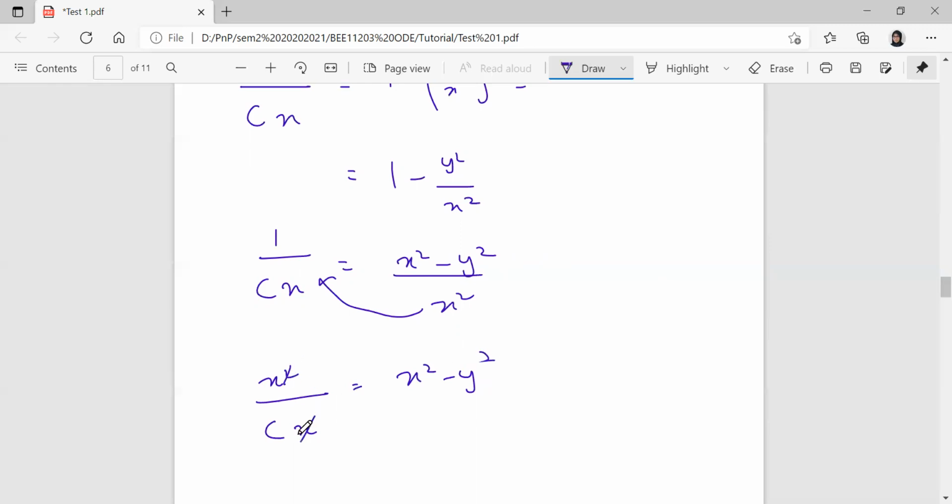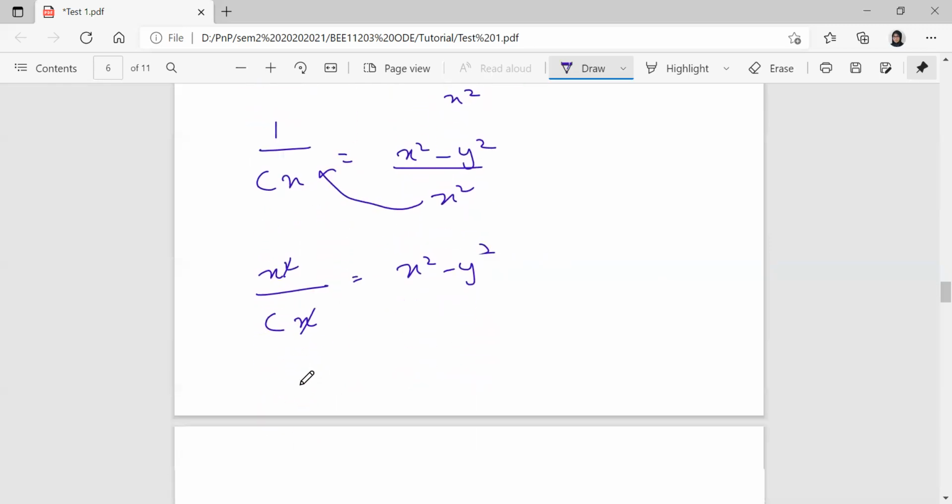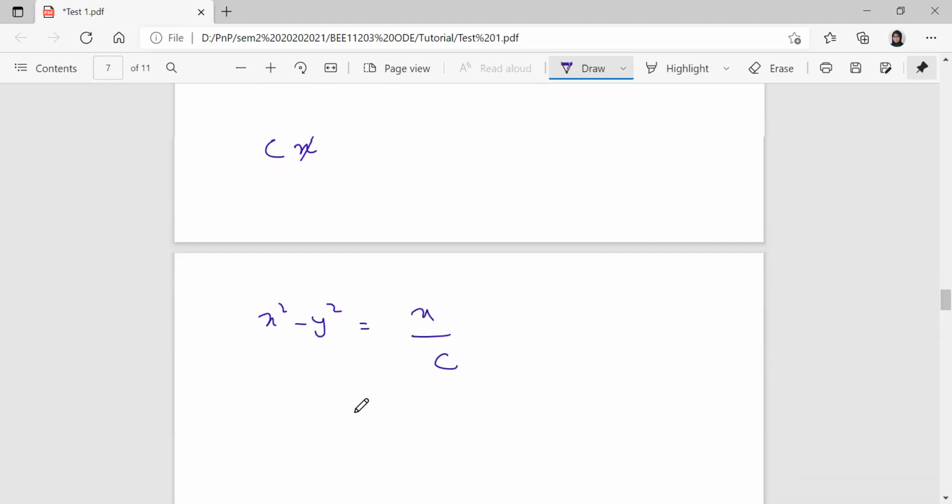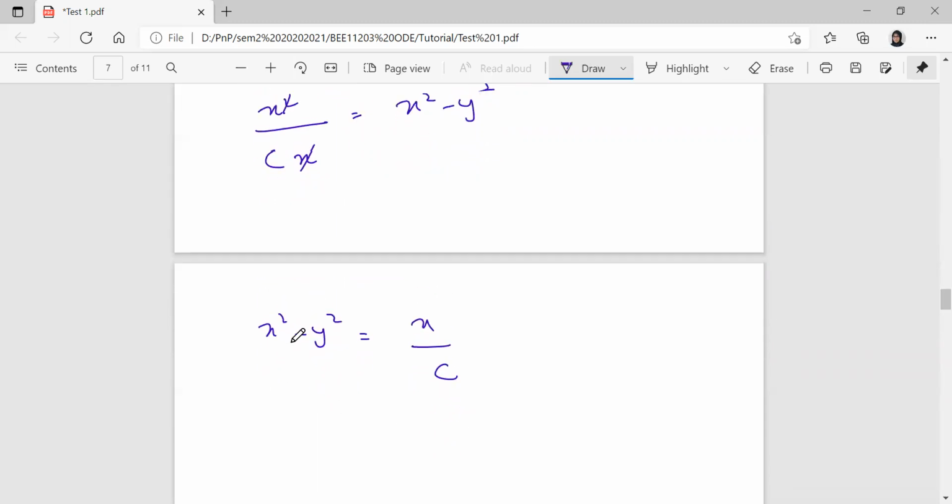This one cancels. If you swap this one, you will get x square minus y square equals x over c.